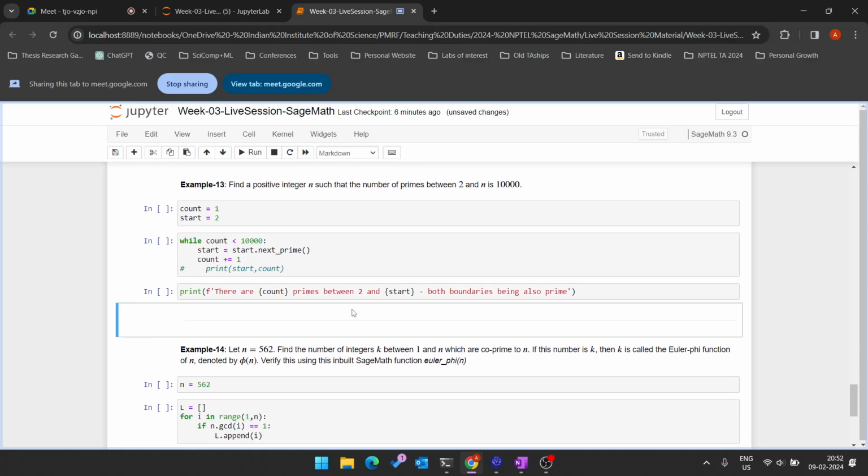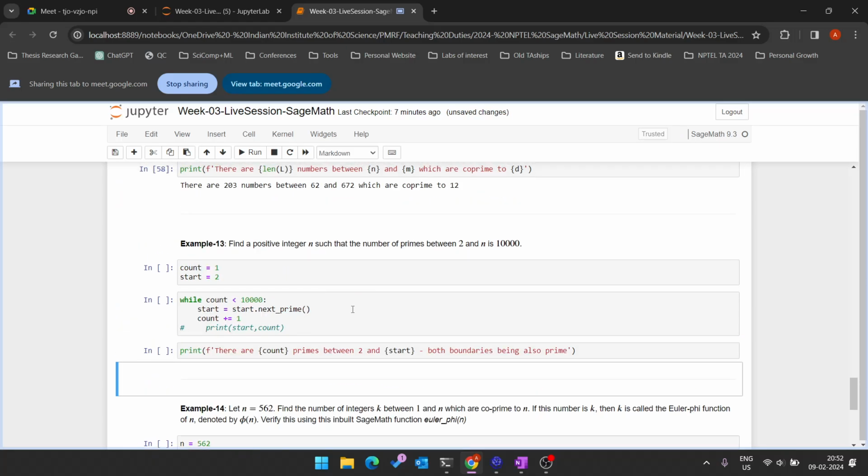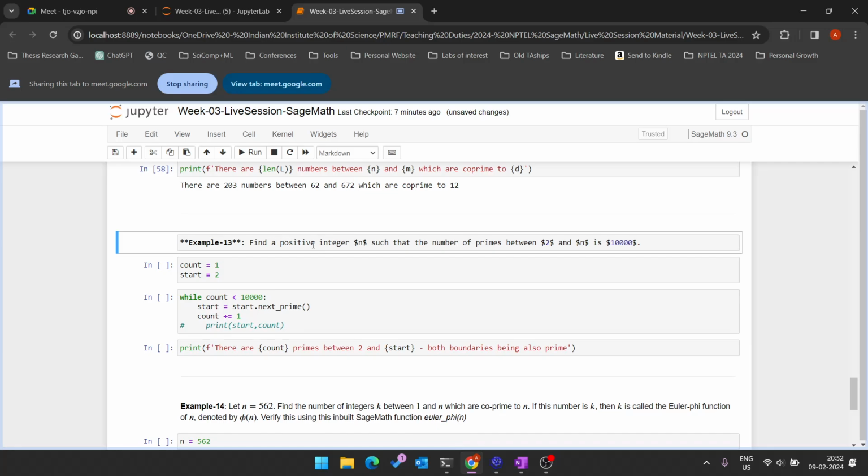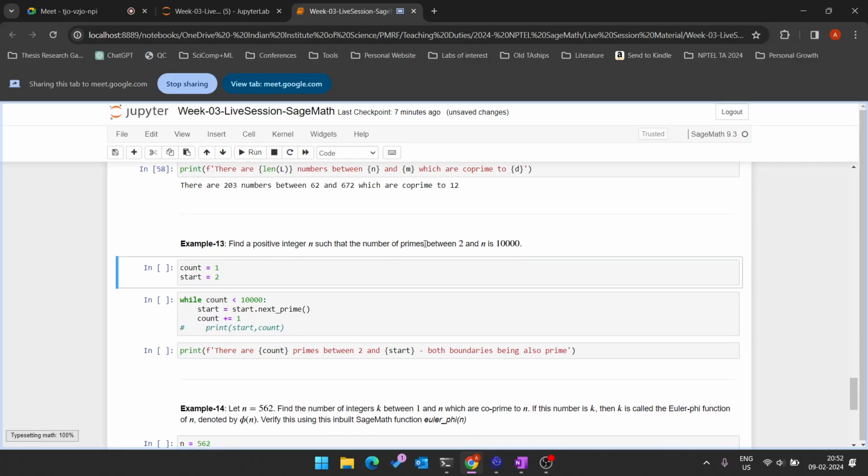I think we're almost out of time. I'll quickly go through these two questions. So first, we want to find a number n such that the number of primes between 2 and n is 10,000. So how do we do this? Our starting number is 2 and it's already a prime, so my count is initialized to 1.